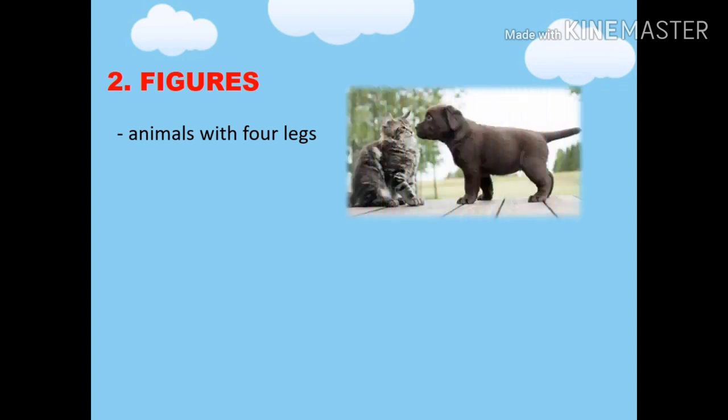Number 2. Figures. It refers to the physical attributes of an animal. We have animals with 4 legs. Dogs and cats are 4-legged animals, while birds are 2-legged animals.